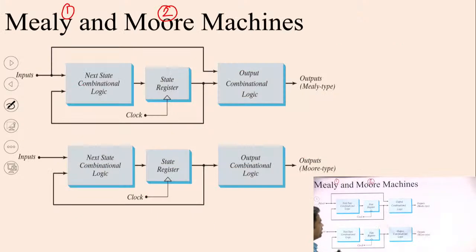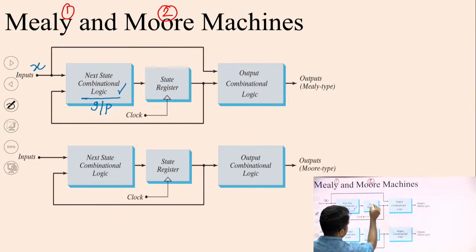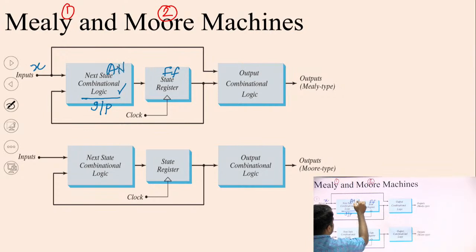Now in these three components, you can see the next state combination logic, or we can say the input combination logic. There is an input, let's suppose it is X. This input enters the combination circuit, and the output of this combination circuit enters the state register. State register means flip flops. In our previous example, the AND gate used for the input can be this combinational circuit, or any other complex combination circuit can also be there, but for the time being this AND gate can be referred to as this combination circuit.